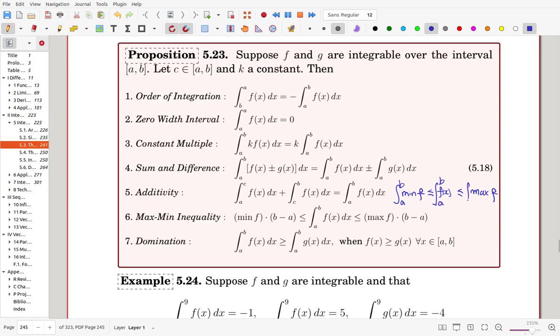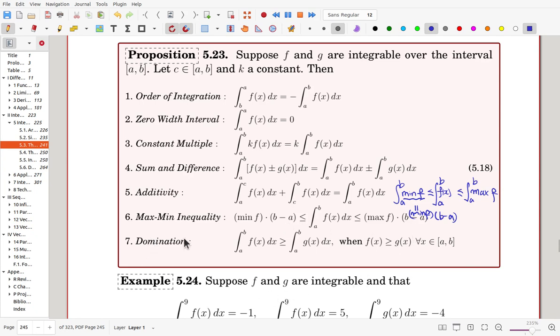Right? The integral from a to b of the constant is the constant times b minus a, so that is the min of f times b minus a. Of course, the upper one must be the max of f times b minus a. That is exactly this inequality.